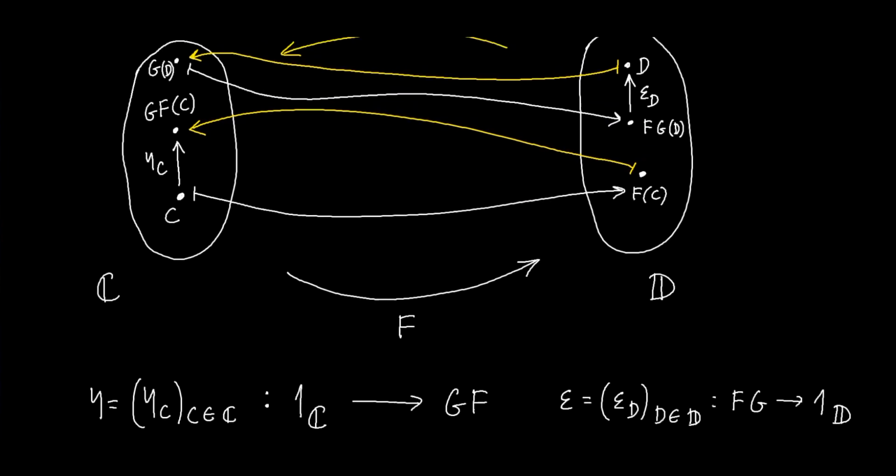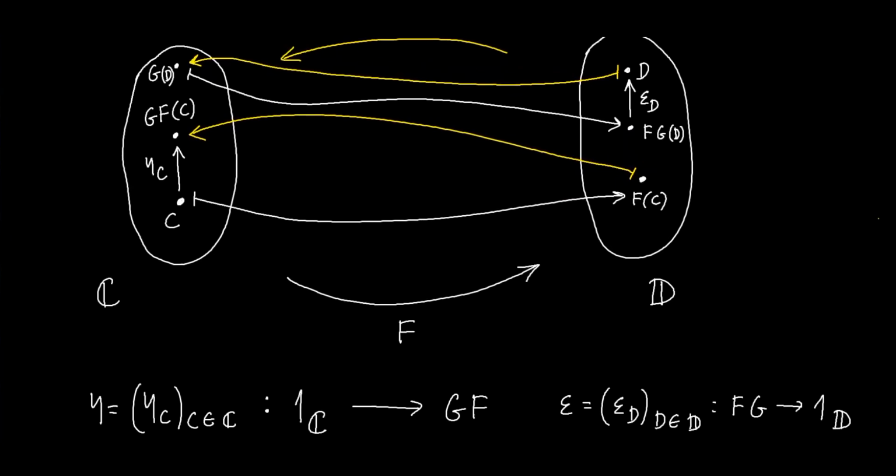And if it happens so that the object D is the same as the object F of C. So let's try to look at this morphism in a case when our starting point D is actually an object coming from the other side.